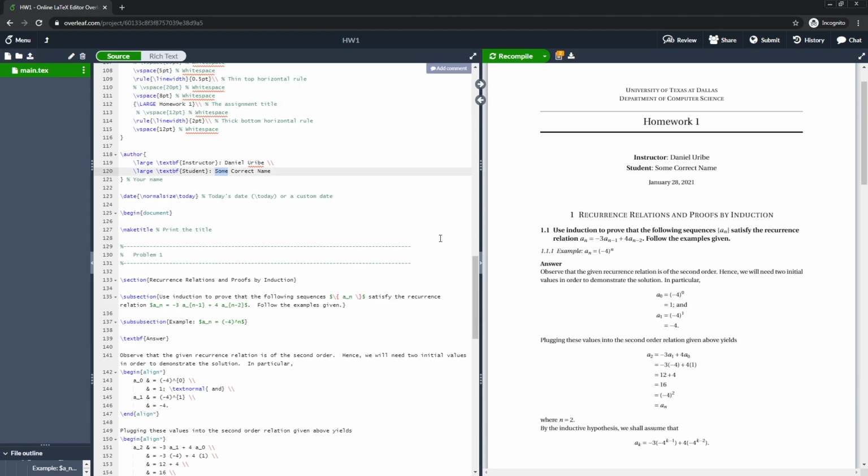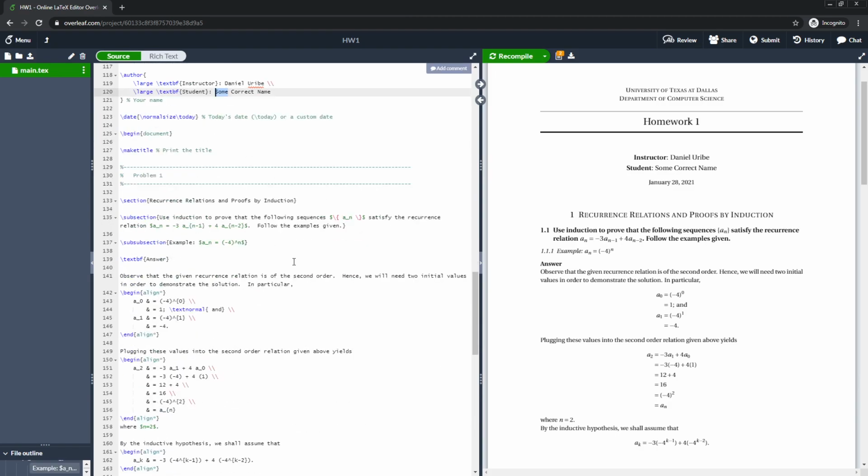So once you add your name, then you'll come down here to problem 1, and you'll read the question using induction and so forth. So there are notes on induction, and we'll go over this in more detail and kind of make it easier.